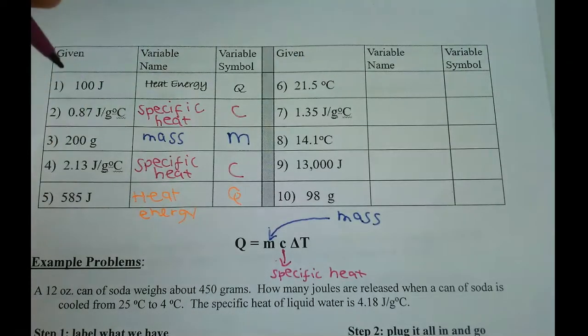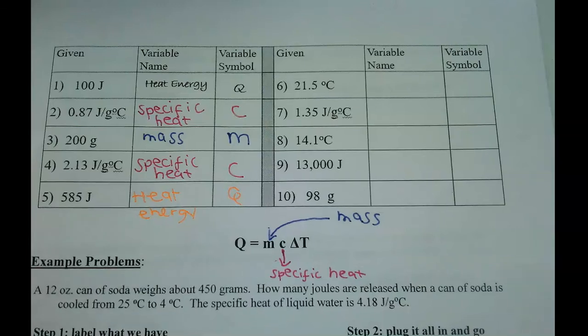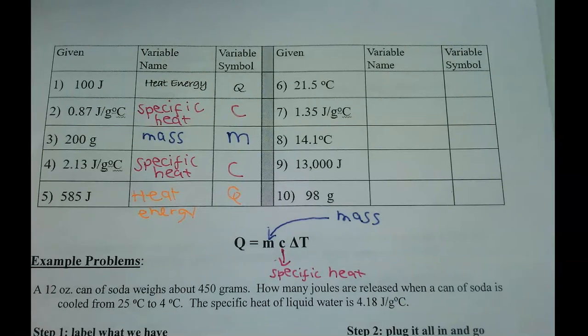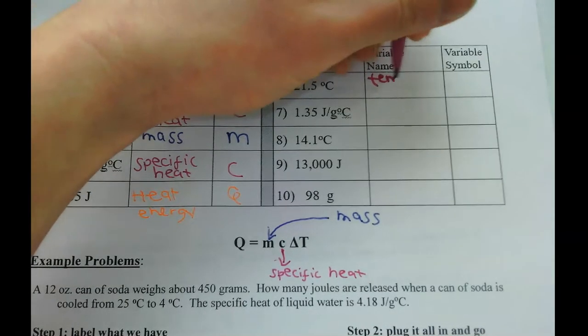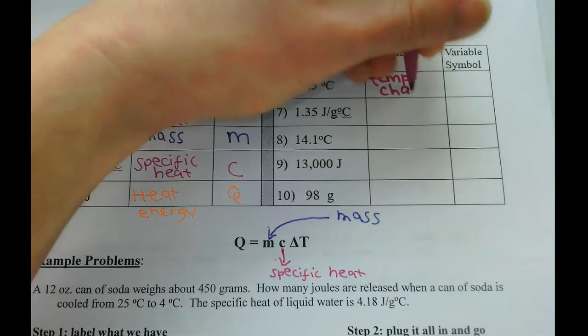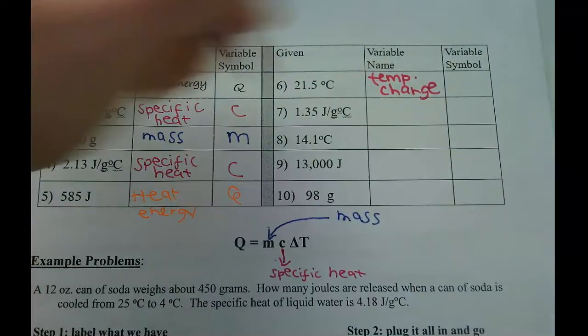It is degrees Celsius. That is going to be representing our delta T. So our variable name is change in temperature, or you could write temperature change, and its symbol is a delta T.